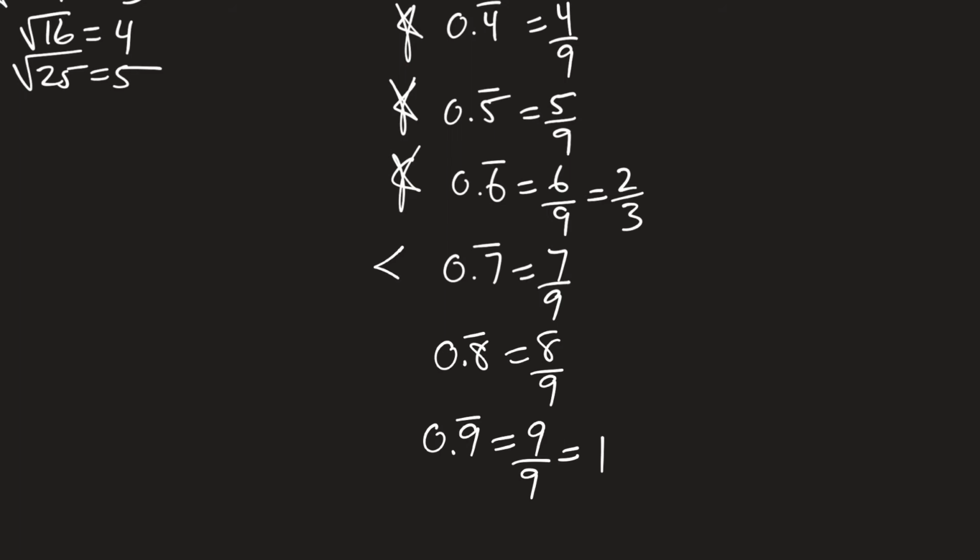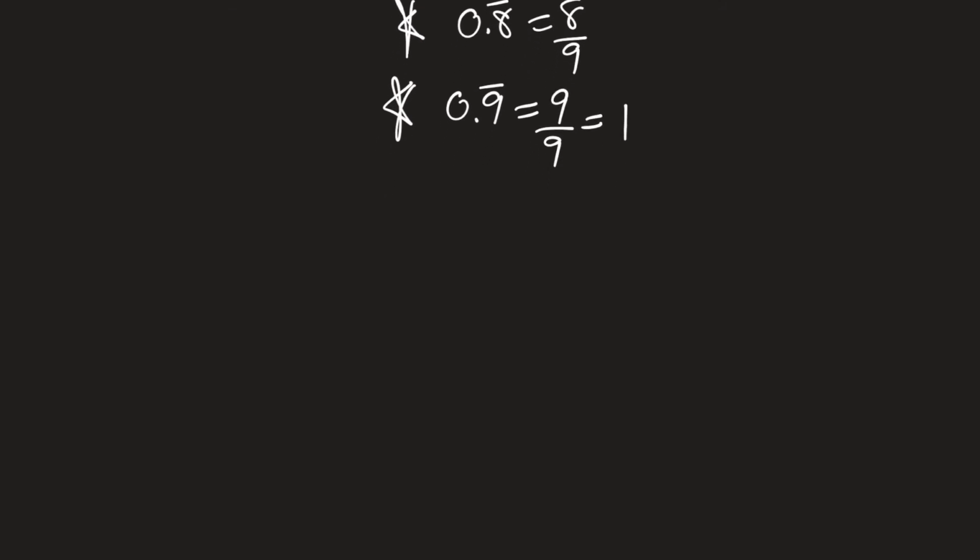Isn't that weird? So all of these are rational because I'm ending up with fractions. This one troubles me a little bit, but there is a good explanation for how 0.9 repeating is equal to 1. If we look at this here, what I'm proposing is 0.9 repeating.